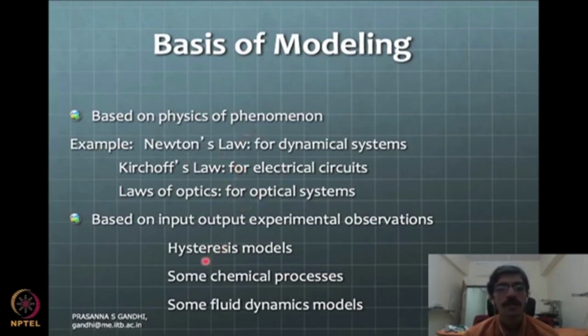Then there is modeling based on input-output observations, which is based on experimental observations. You carry out many different experiments and gather data about complex phenomena, for example hysteresis, chemical processes, or fluid dynamic systems. They are very complicated to model from true physics. That's where you just give some input data, observe the output, and then start looking at models which can represent that data.